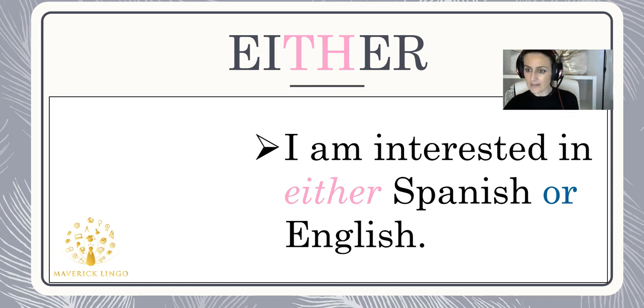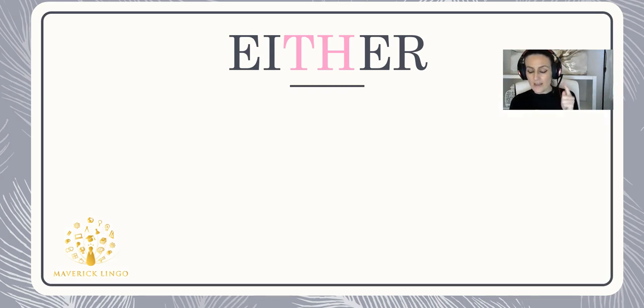Okay, so let's look at our example one more time. I am interested in either Spanish or English. See, you have how many choices? 2 choices. Okay, what are you interested in? You're interested in either Spanish or English. Let's look at another example.